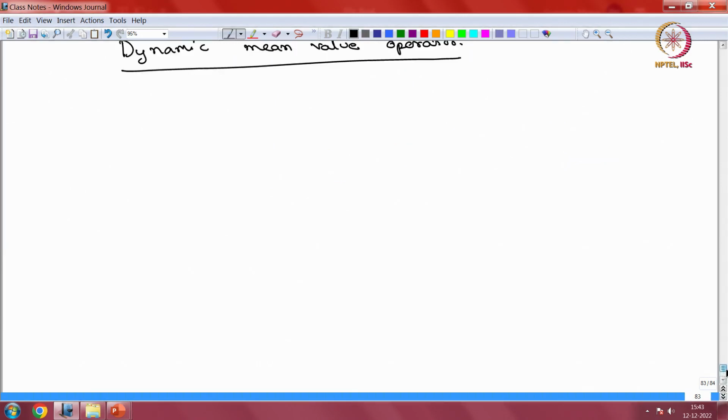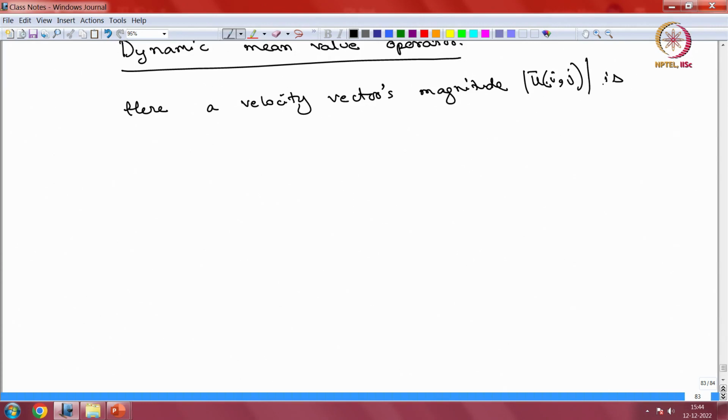Now, in this technique, what we do is, here a velocity vector magnitude, which is basically nothing but this quantity u i,j, is compared with its average value over its nearest neighbors.